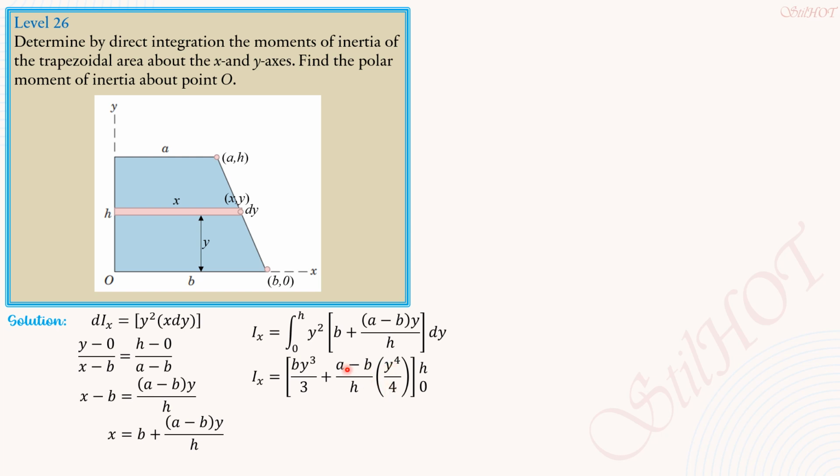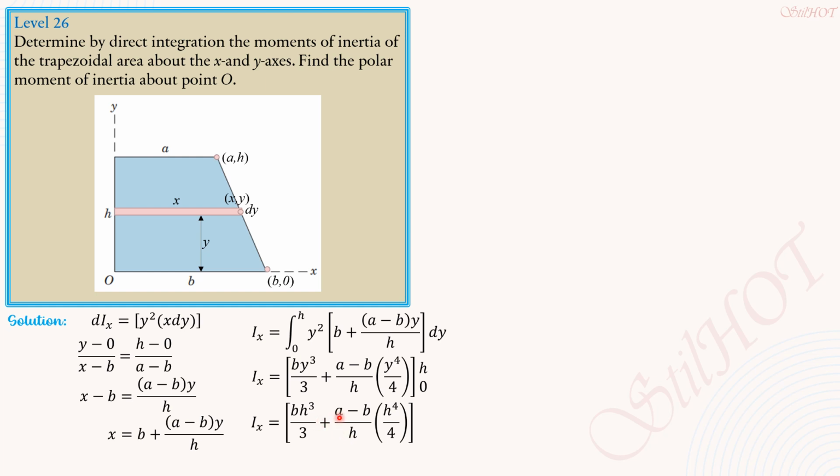So that means we have a h cubed over 4, then 1/3 b h cubed minus 1/4 b h cubed is 1/12 b h cubed. Then when we substitute the lower limit for y, everything will be 0. So that's why I'm not showing it here.